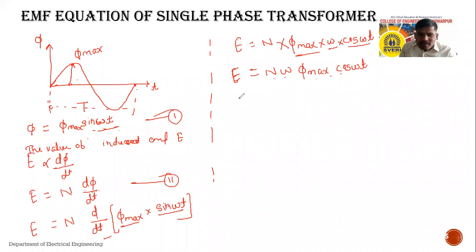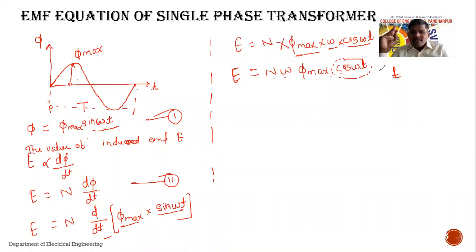So when will the E max value be obtained? When t is equal to 0. When we put t equal to 0, what is the value of cos 0? 1. That means when cos omega t is equal to 1, my induced EMF value becomes maximum, right?